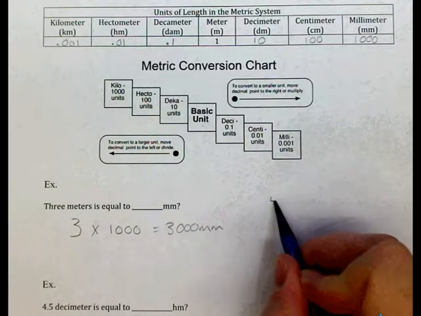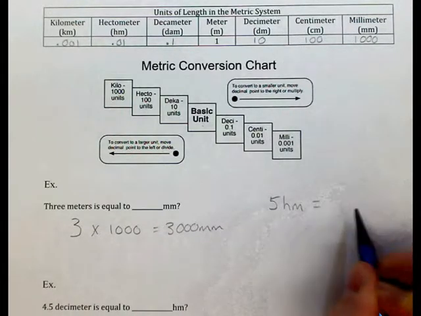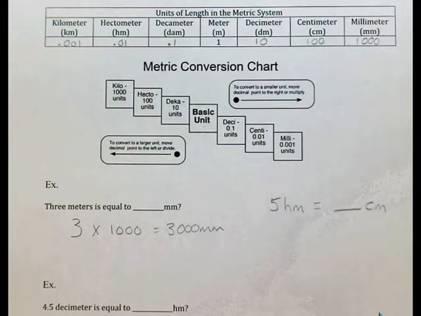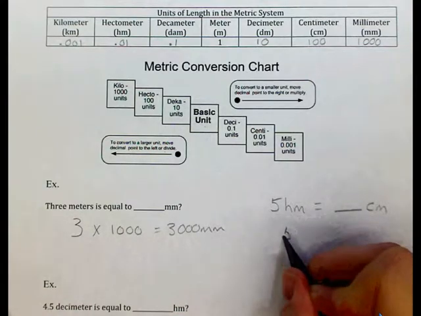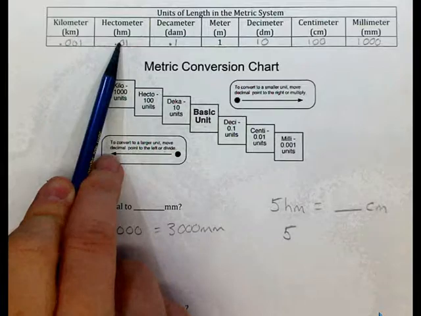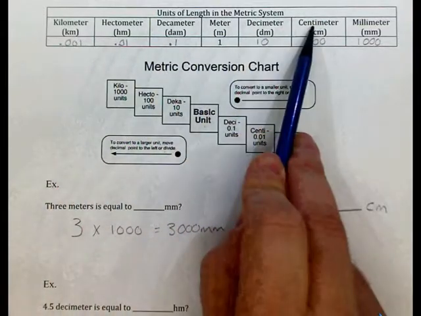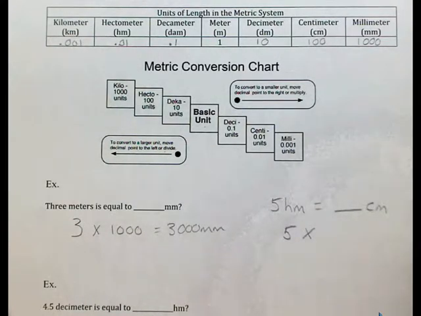Let's try another example. Let's say we have 5 hectometers. And we want to end up in, let's say, centimeters. Again, we start with our hectometers, which is 5. Find hectometers on our chart and find centimeters. We're moving to the right, so we're multiplying. Multiplying by what?